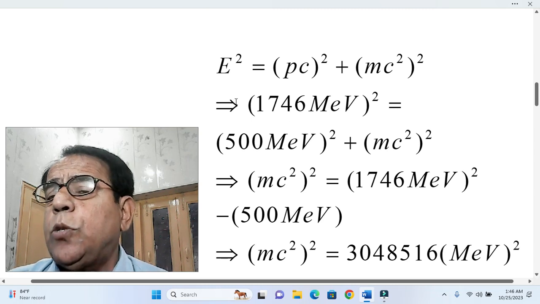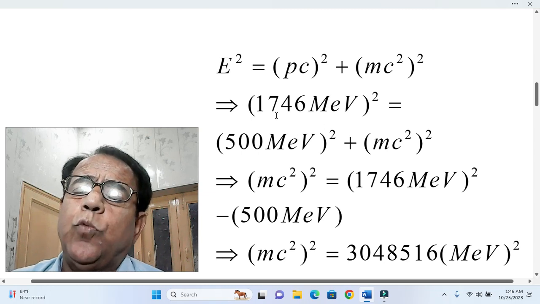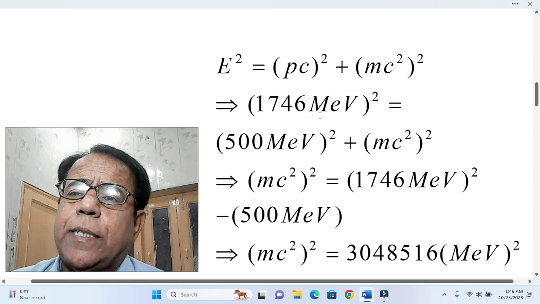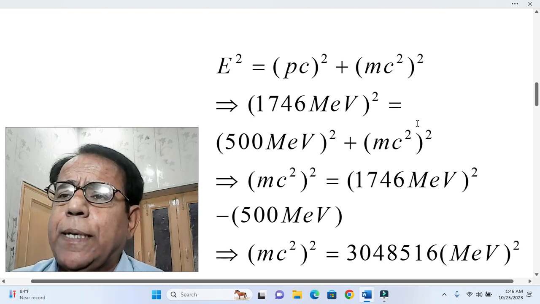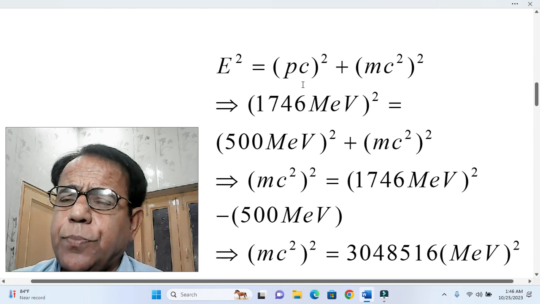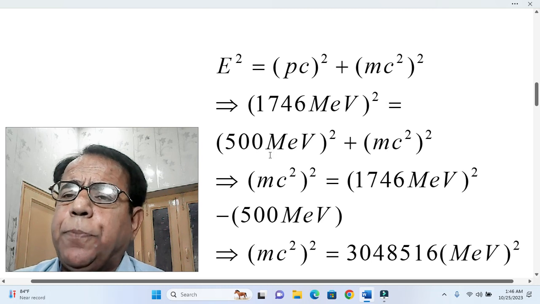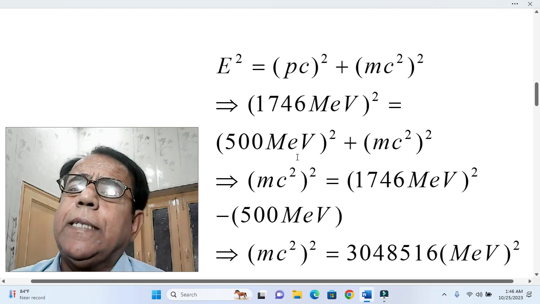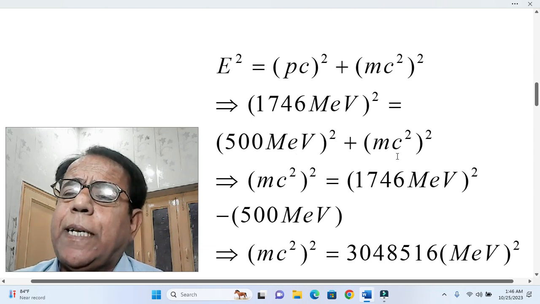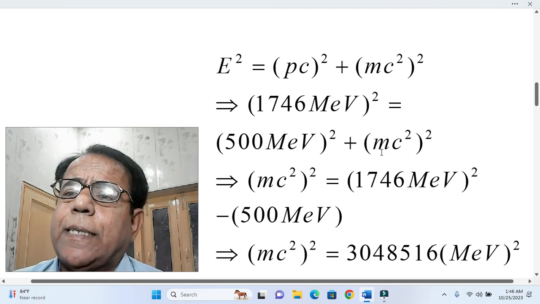So in place of E, we use this value, 1746 million electron volt, which is equal to Pc square plus mc square. In place of Pc, we will put 500 million electron volt, which is also given in this statement, plus mc square whole square. We have not yet touched this third factor.